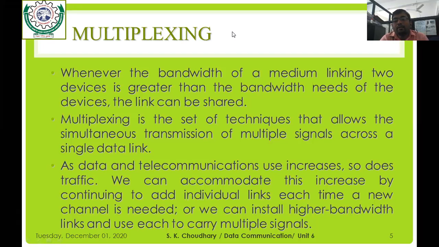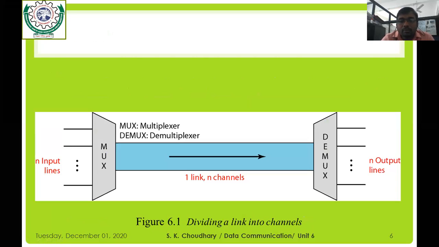That means you either allocate individual links for each channel, or you take a higher bandwidth link and use it to carry multiple signals. So this is a basic overview of how multiplexing is performed.